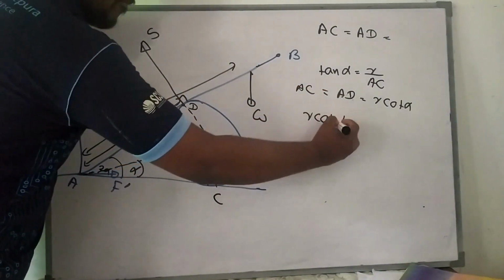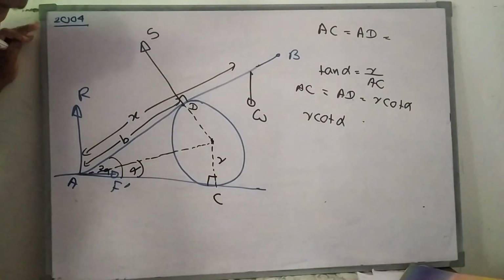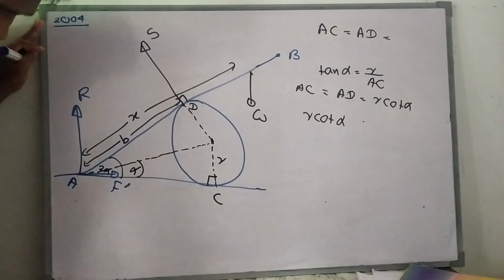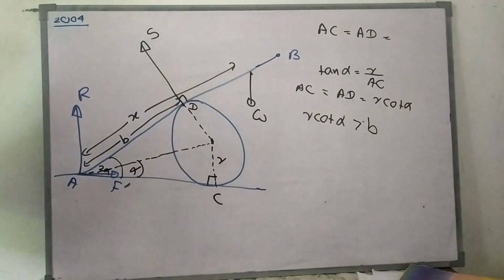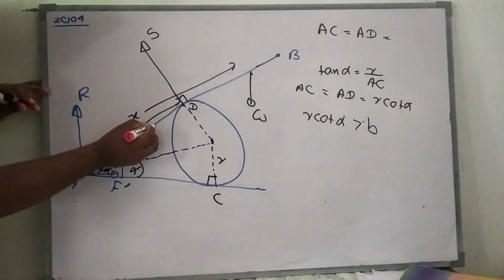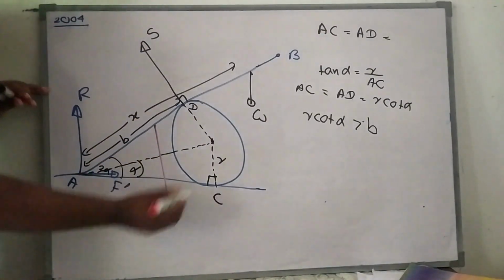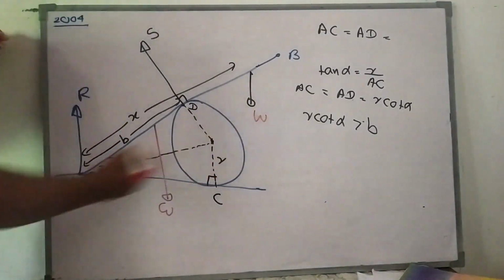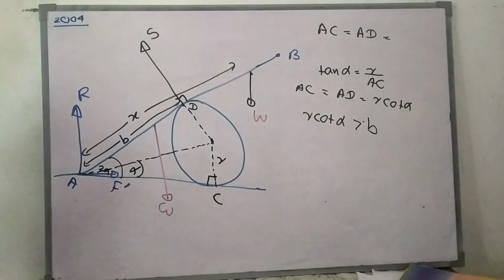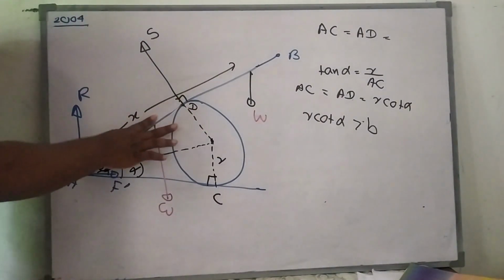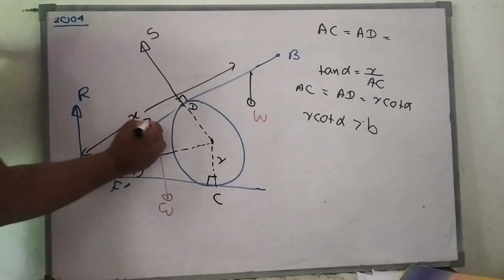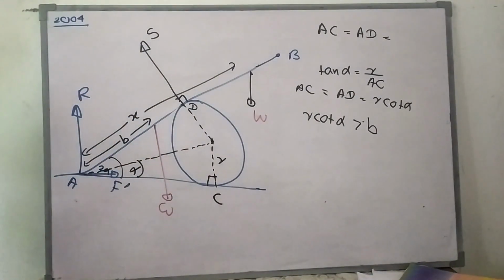The inequality was r cot alpha greater than b. So what does that mean? There might be the weight located somewhere here, and this is the external weight. Actually in my diagram b was wrong. So b should be up to here. So b is less than r cot alpha.